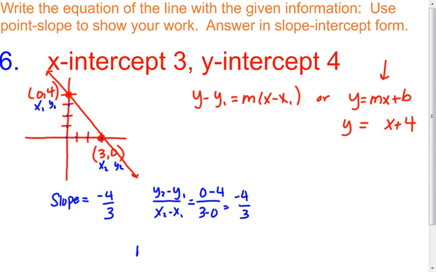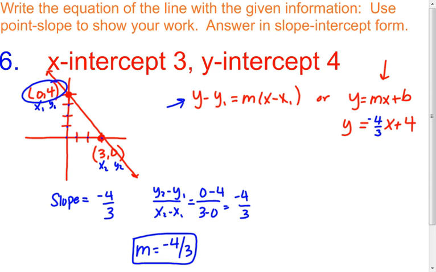So either way, it doesn't matter how you get there. Your m is negative 4/3. That's what's important to know. So I could plug that in right here, and I already have it in slope-intercept form. Or I could use either one of these coordinates. It doesn't matter. I'll use the point (0, 4), and I could plug it in over here.